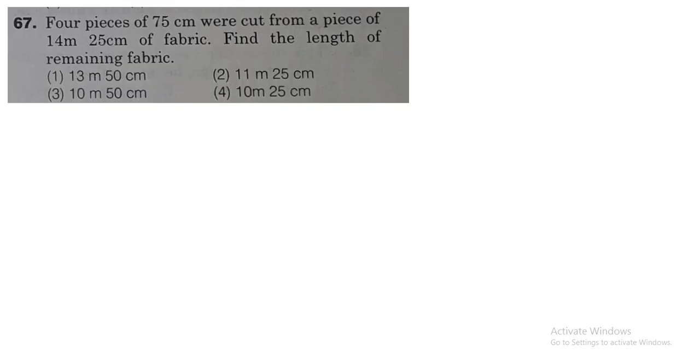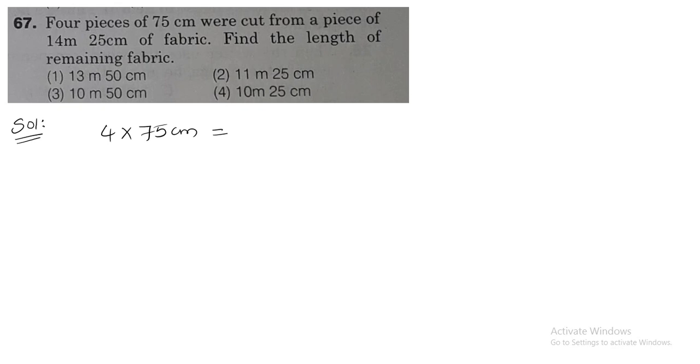Next, moving on to question number 67. 4 pieces of 75 centimeters were cut from a piece of 14 meters 25 centimeters of a fabric. Find the length of the remaining fabric. For that, first of all find out the length of 4 pieces of that fabric, which gives me 4 into 75 centimeters.